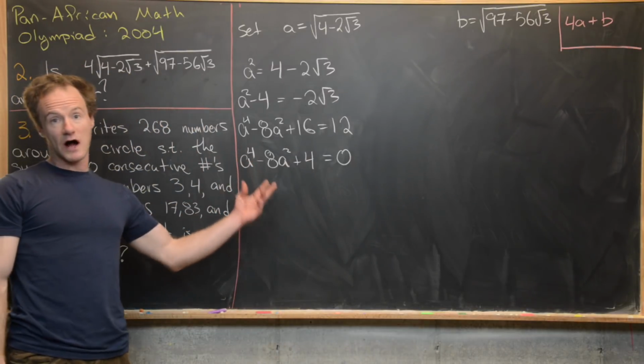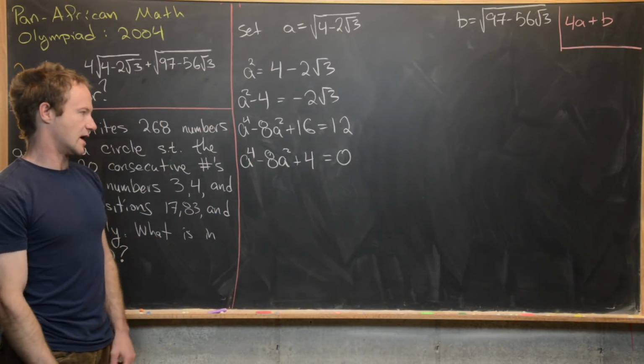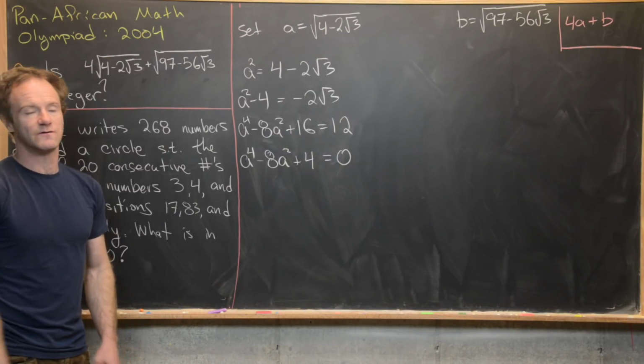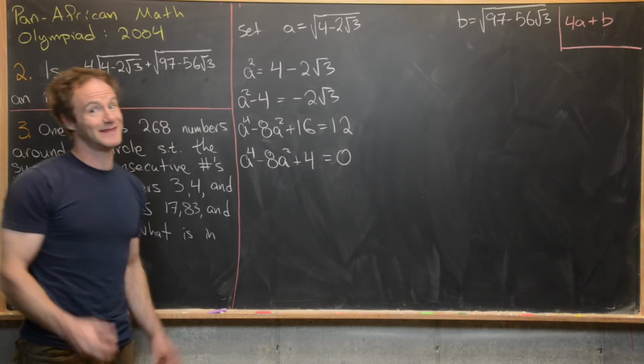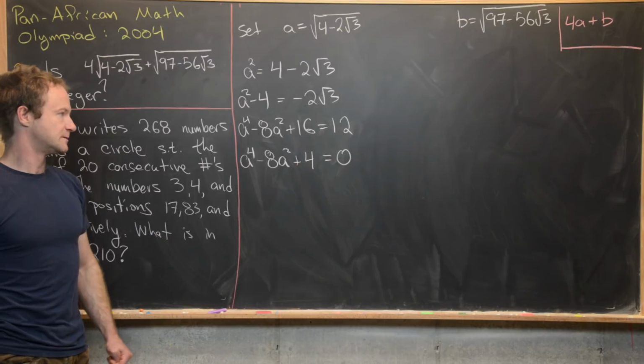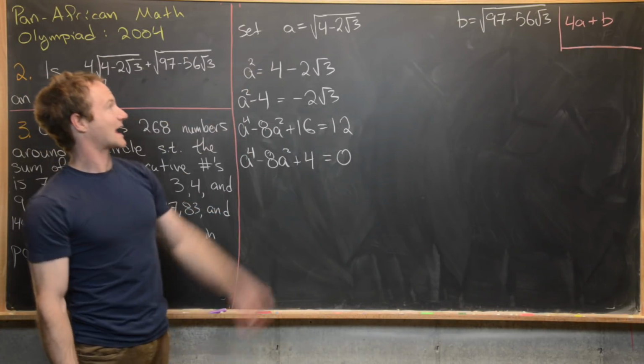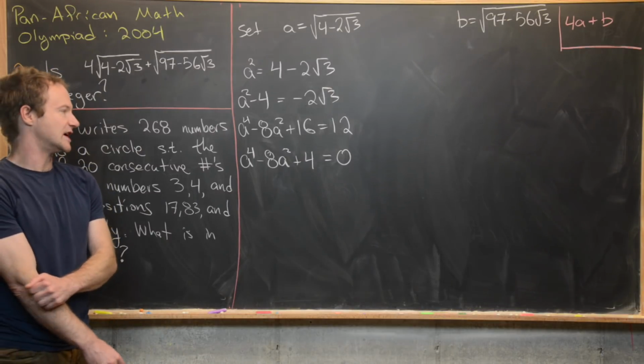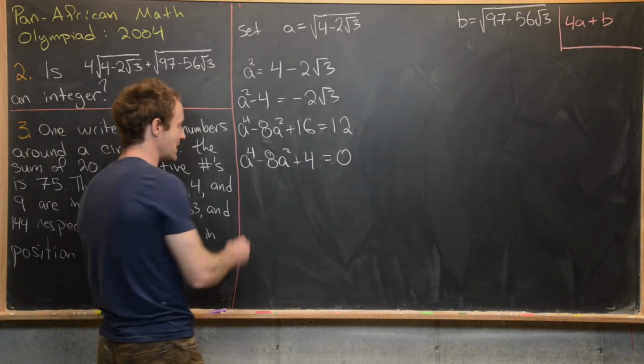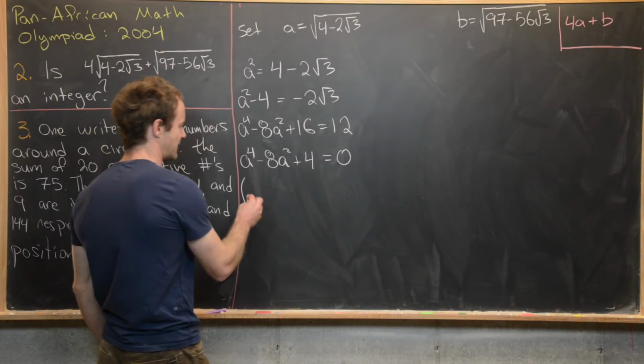So this is a quadratic equation in A squared that we could use to solve for A squared and then A. But that's not the approach we want to use, because if we use that approach, we'll land right back at this version of A. So we want to try another approach. Maybe we can factor this like the following setup.